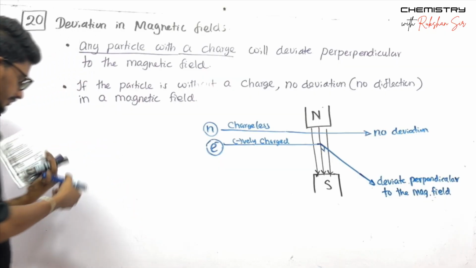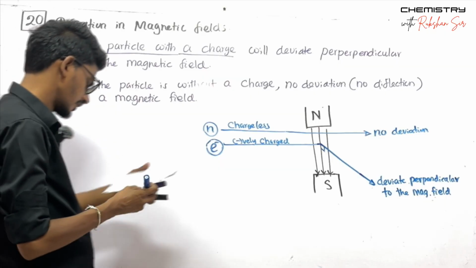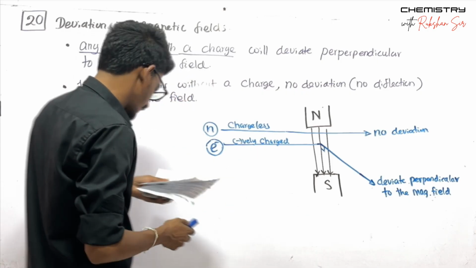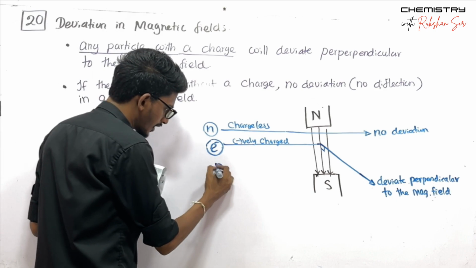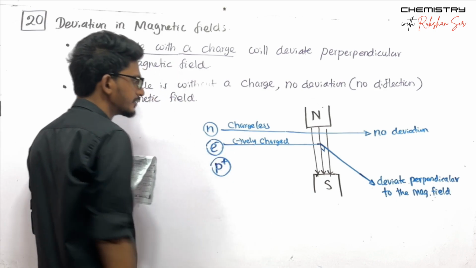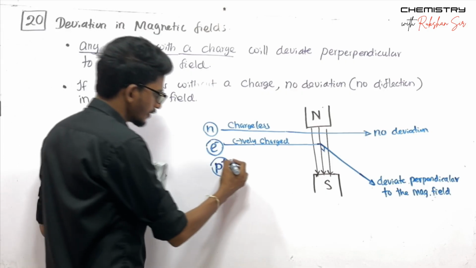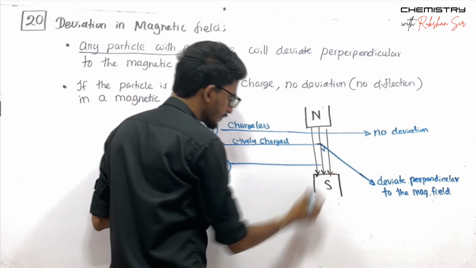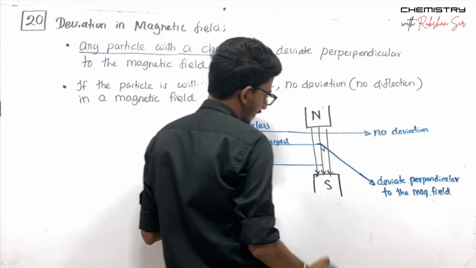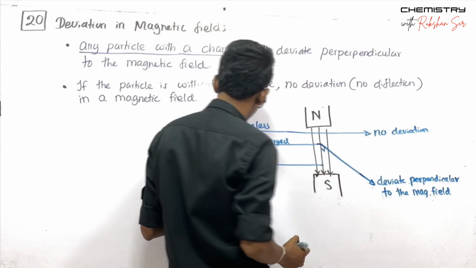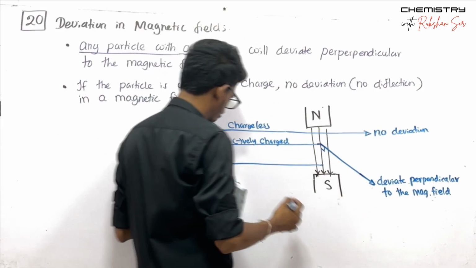Okay. Then protons. Protons are also charged particles. So protons deviate opposite to the deviation of the electrons, because protons are positively charged.